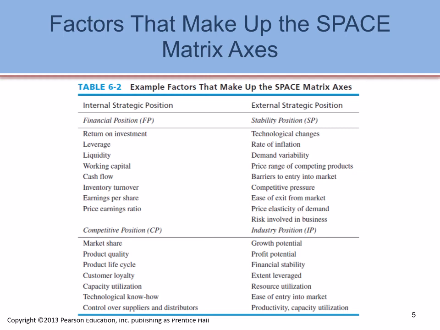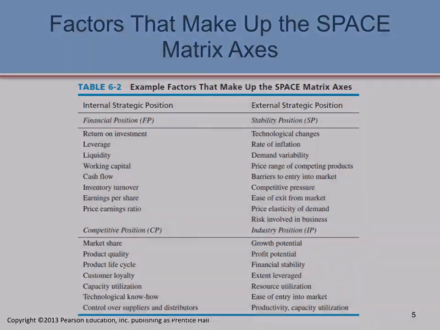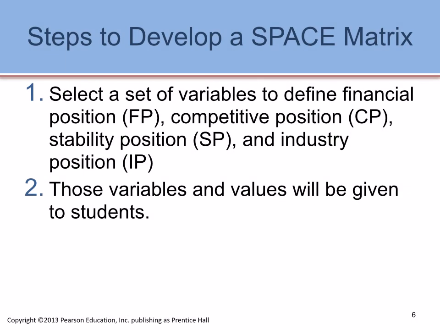You should know this in advance. Otherwise, you will not be able to construct the SPACE matrix. So select a set of variables to define the financial position, competitive position, stability position, and the industry position. We have already done that.